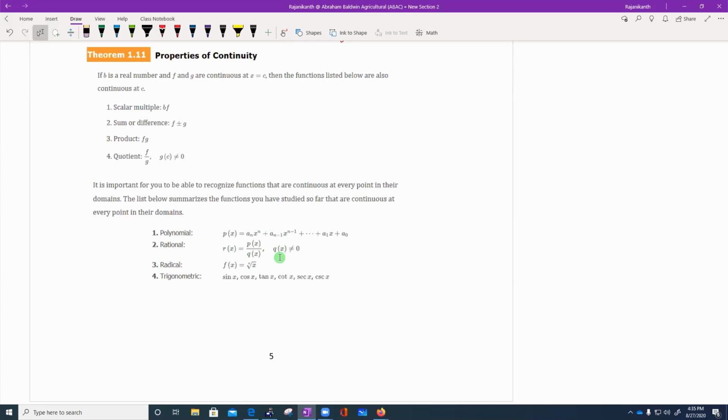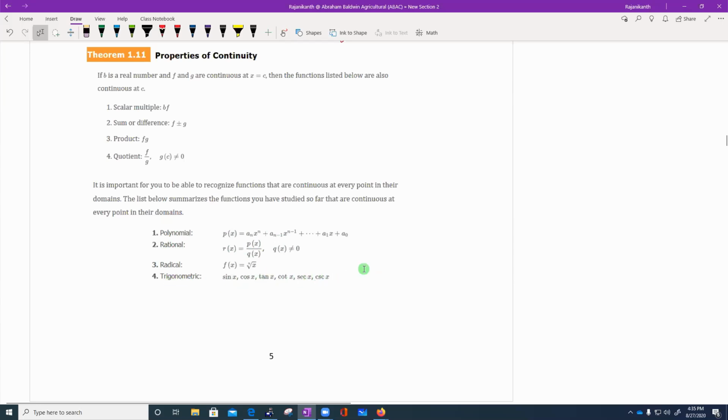If you see the trigonometric functions, sine is continuous throughout the real line, cosine also, but tangent is continuous only on its domain. For the remaining ones also as well.